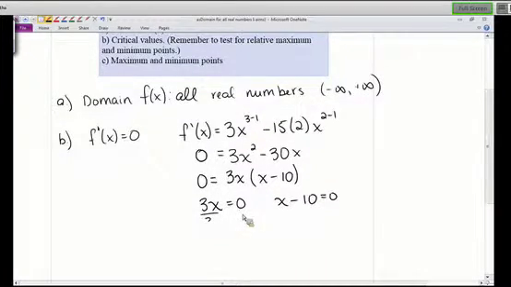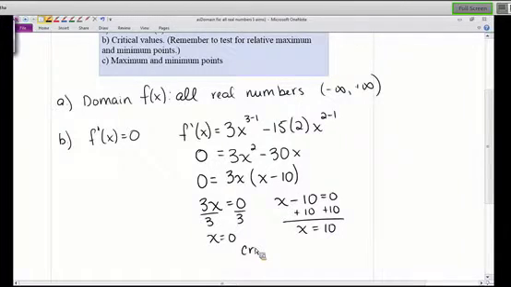So dividing out by 3, we'll get x is equal to 0, and adding 10 to both sides, we'll get x is equal to 10. So these are our two critical values. Any questions on part B?